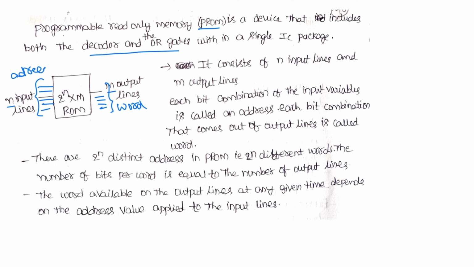There are 2 power n distinct addresses in the PROM, that is 2 power n different words. The number of bits per word is equal to the number of output lines. The word available on the output lines at any given time depends on the address value applied to the input lines. So this is the theory related to PROM.